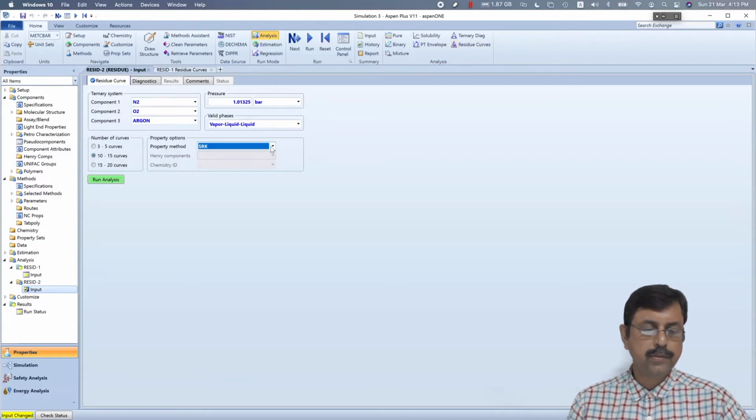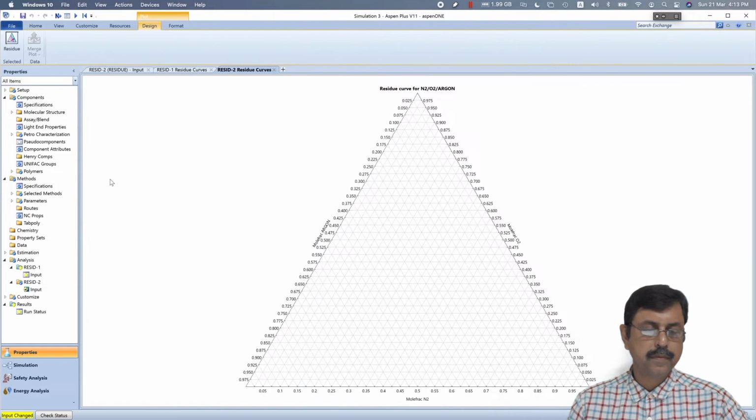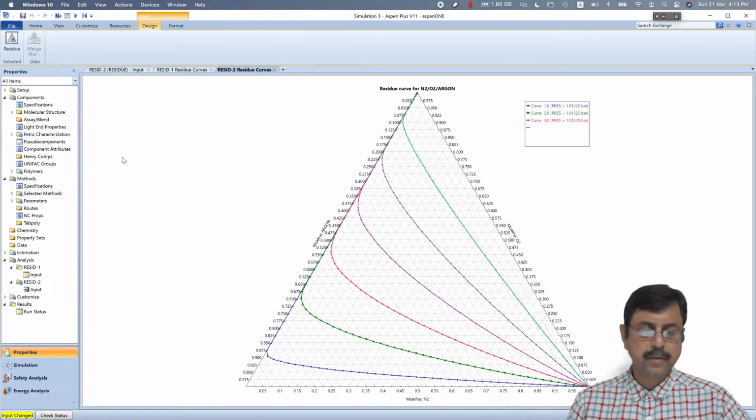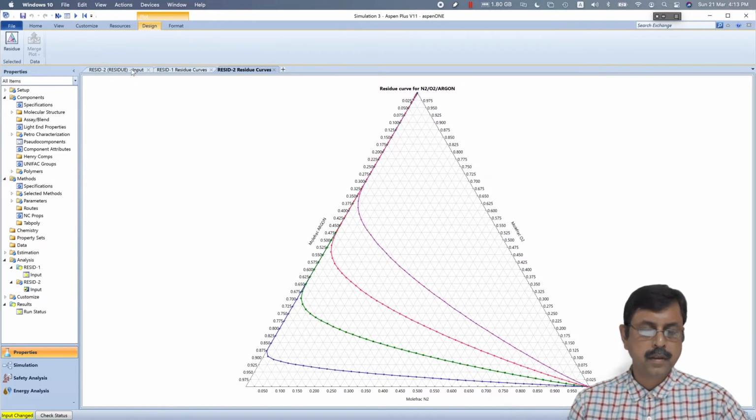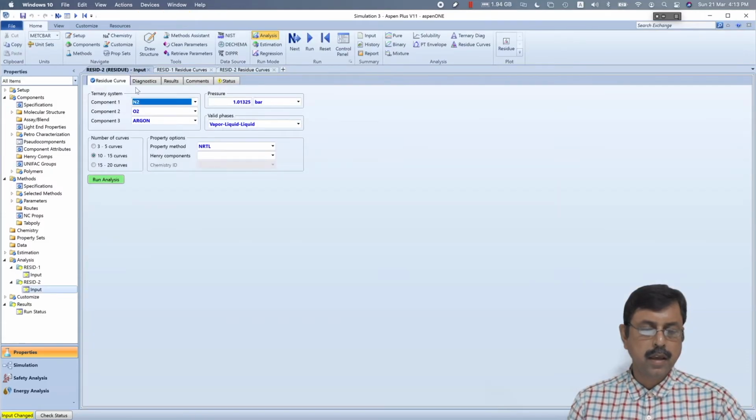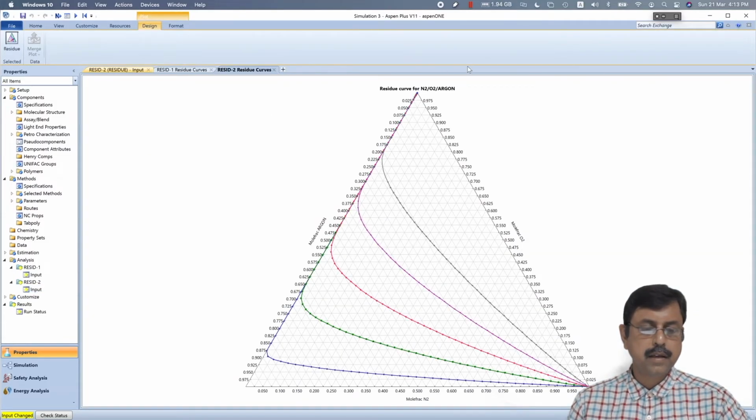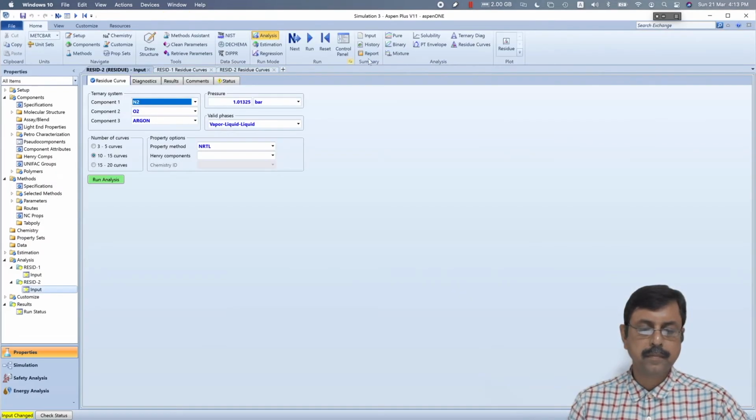Let us use inertial. Okay. And let us bring the third residue curve, and that is using SRK.